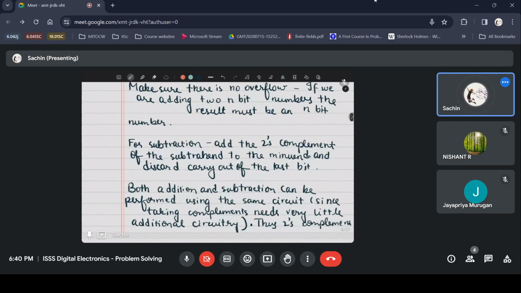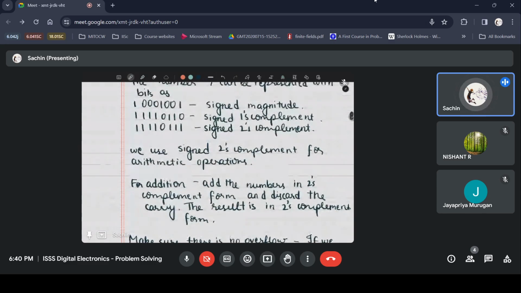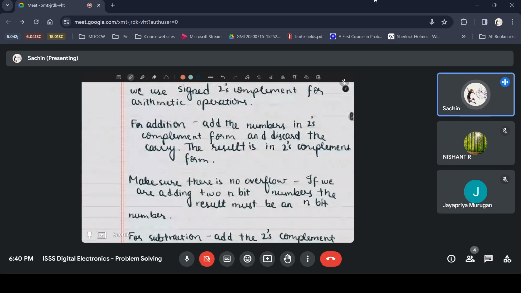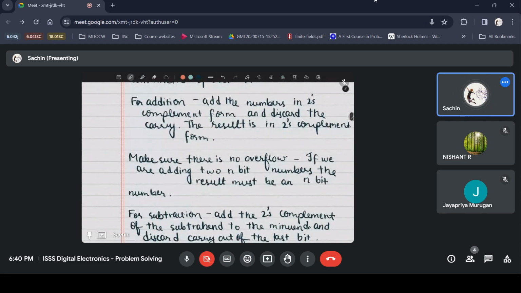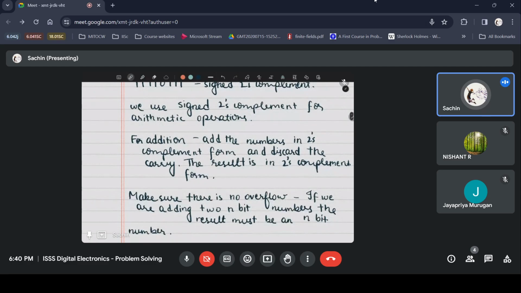to represent numbers. And one thing you have to make sure is, if you have a limited number of bits available, when you are performing addition or subtraction, you should make sure that the result is not out of the range of your number representation. So if you have 7 bits, you can have 2 power 7, that is 128 different numbers.